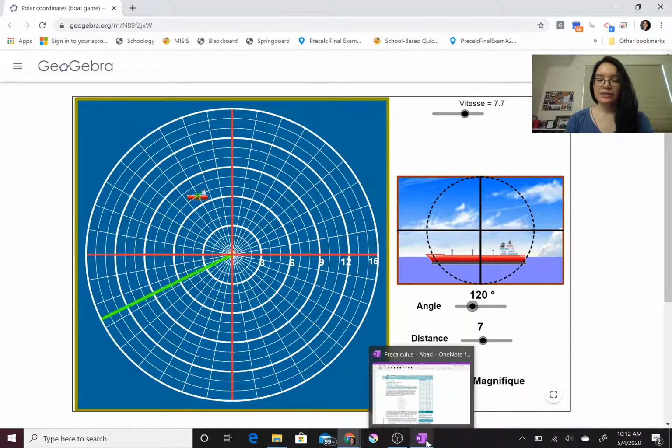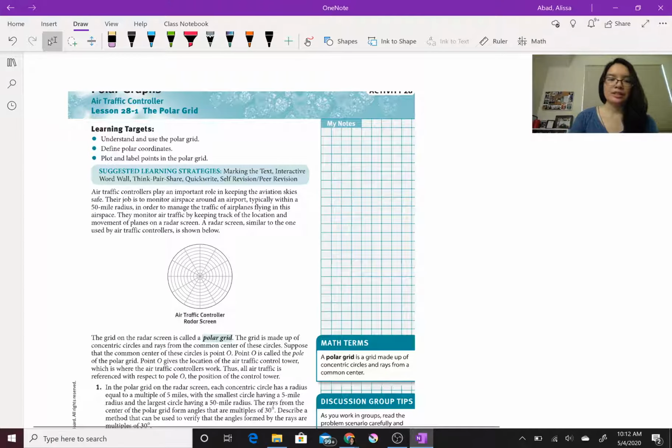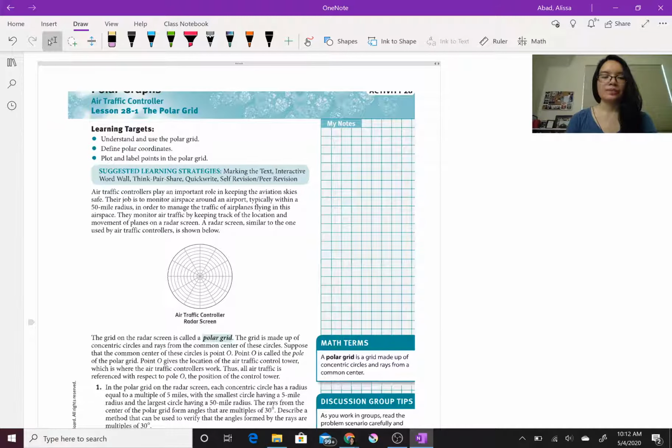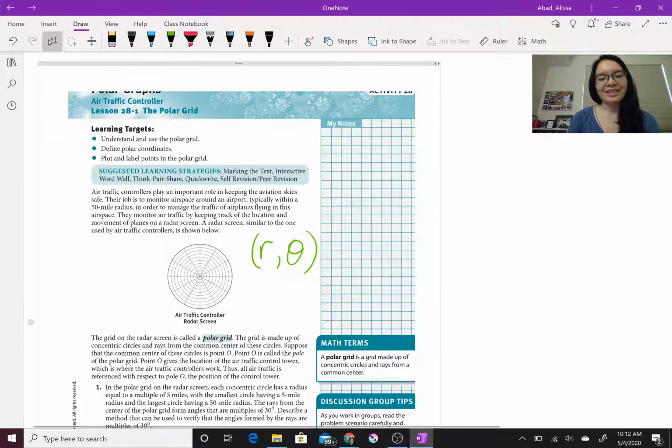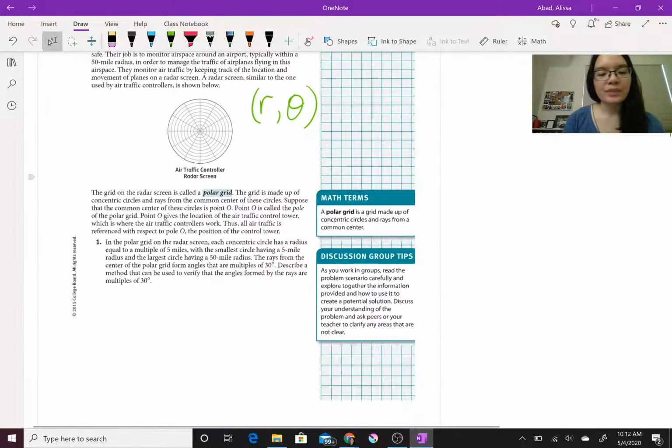Okay, so this is just a new grid, and I'm going to show you from your textbook, lesson 28.1, how to actually label or plot polar coordinates. Again, polar coordinates are now going to be labeled as its radius, comma, its angle measure from 0 degrees.